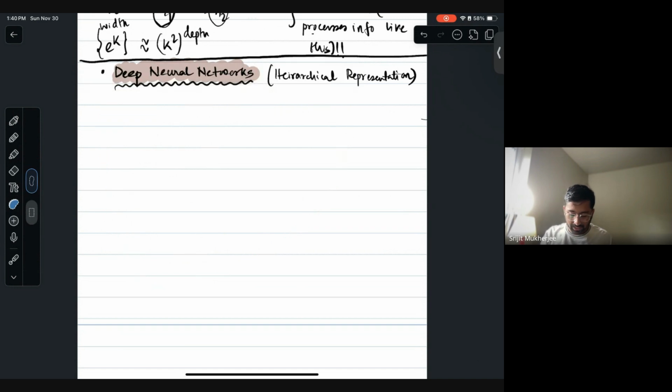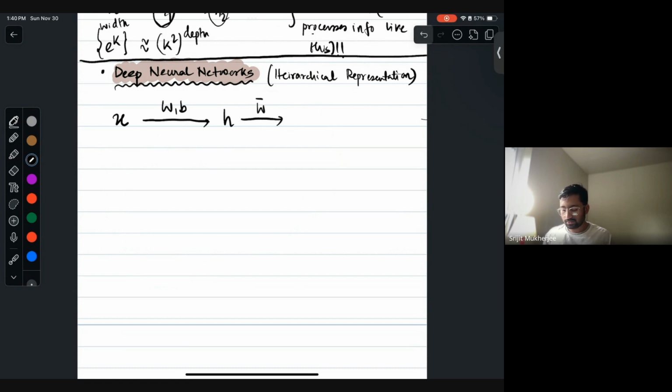So let me rewrite it first. A shallow neural network was this, right? W, B, and H, and then there's W hat and Y hat. Let's call this W naught, B naught, and let's call this W1 and B1. So this is shallow.